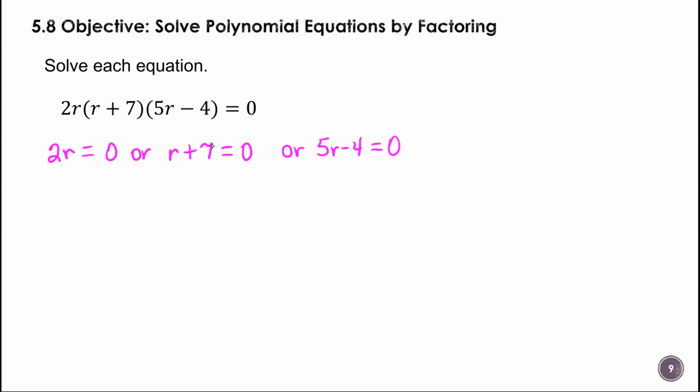And the first one is going to be just r equals 0 when we divide by 2. Negative 7 for the next one because we would subtract 7. And then on the third factor it's going to be add 4, divide by 5, so it's a positive 4/5. And those are the three solutions for that equation.